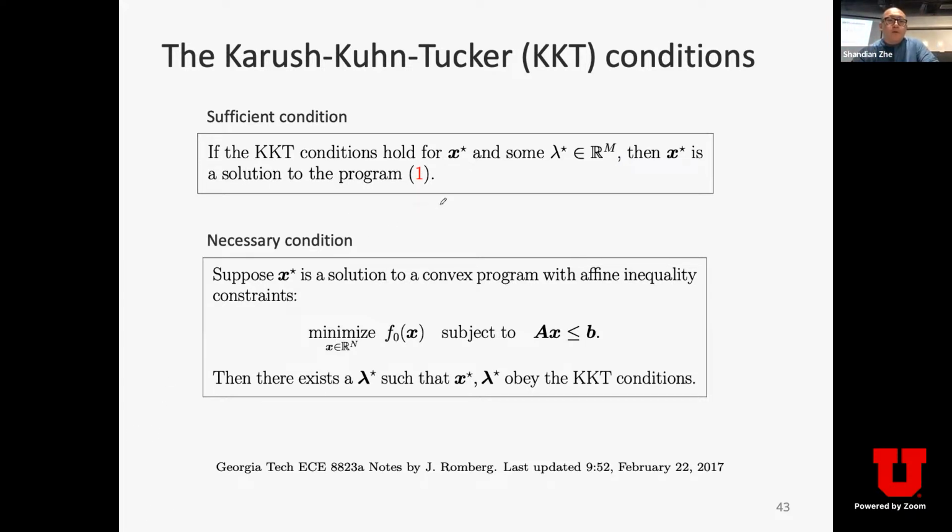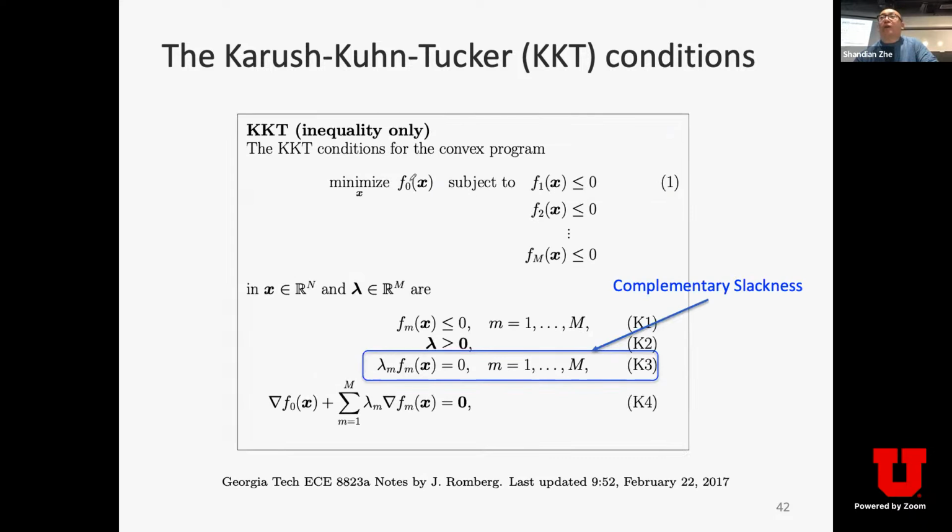If you find a pair x star and lambda star which satisfy the KKT conditions we just mentioned, then we can conclude that x star is a solution to the convex program here. And this is called a sufficient condition. Meaning that, as long as you can find a pair of x star and lambda star which satisfy all these four groups of conditions, you can conclude that x star is one solution of this problem.